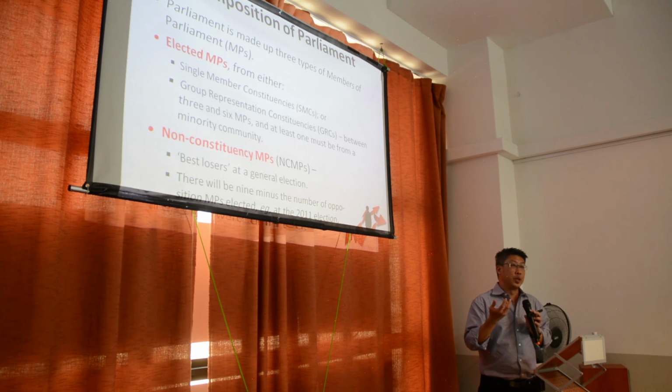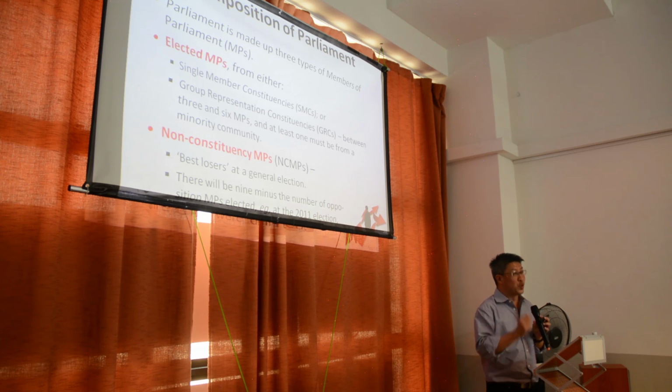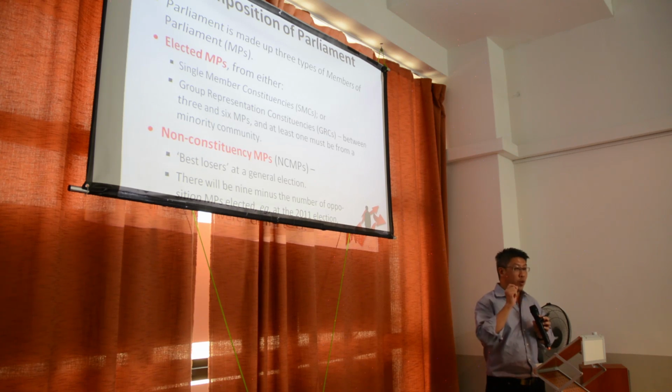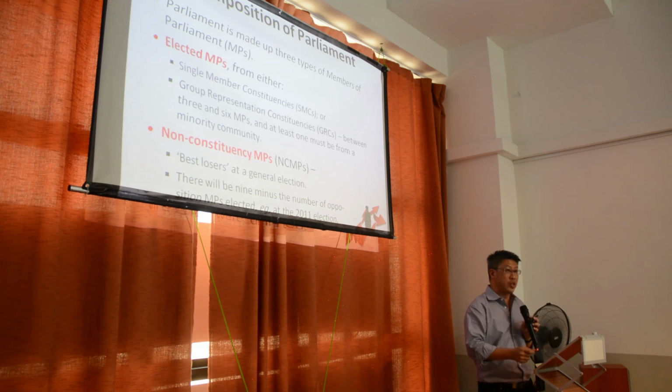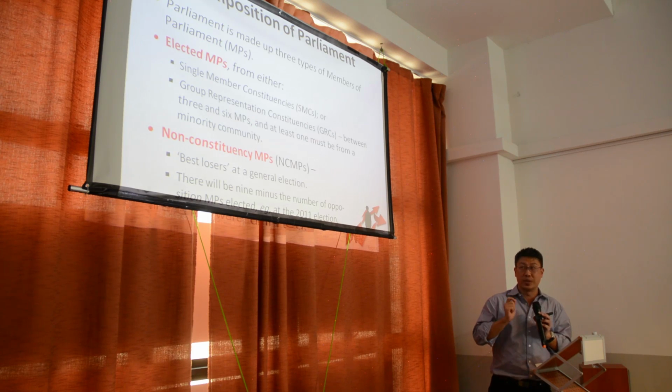And similarly, it is not that in a GRC, all you need is one minority member regardless of ethnicity. The ethnicity is also fixed before each election. So it will be declared that XYZ GRC will have a Malay member, or ABC GRC will have an Indian or other minority member. So even it's fixed to that level as well.